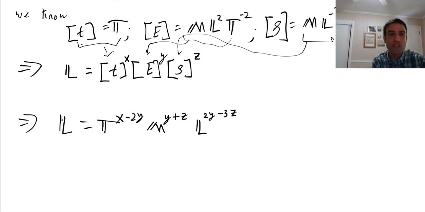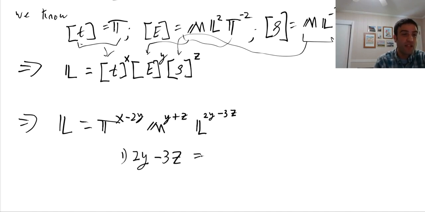Now, this all has to equal just length. You can think of it as length to the 1 times time to the 0 times mass to the 0, because things to the power of 0 are just unity. So this expression is actually a system of basic algebraic equations. Whatever power of length is here has to match the powers of length over here. So 2 times y minus 3 times z has to be the number 1 in order for these two sides to match.